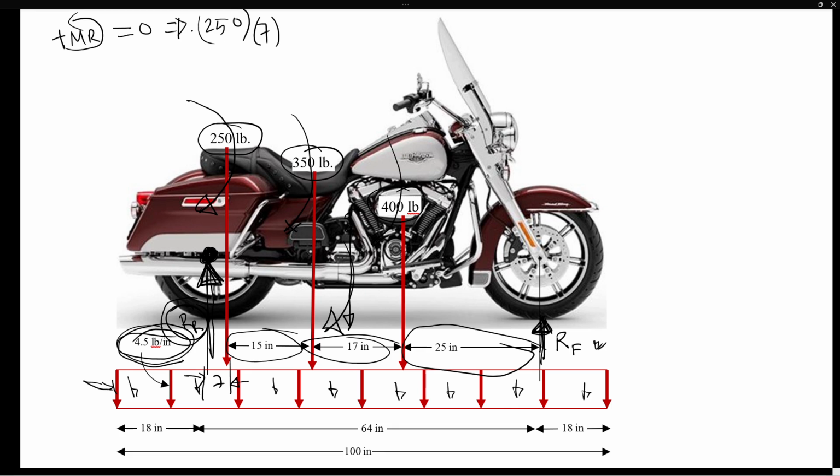And that's going to be a negative moment, and then the 350 rider weight will also cause a negative moment, and that is 7 plus 15, which is 22 inches, minus the distributed load, which is 4.5 pounds per inch, and you've got a total 100 inch long motorcycle, so that's going to be 450 pounds total loading, and that's going to act exactly at the middle of that rectangle.